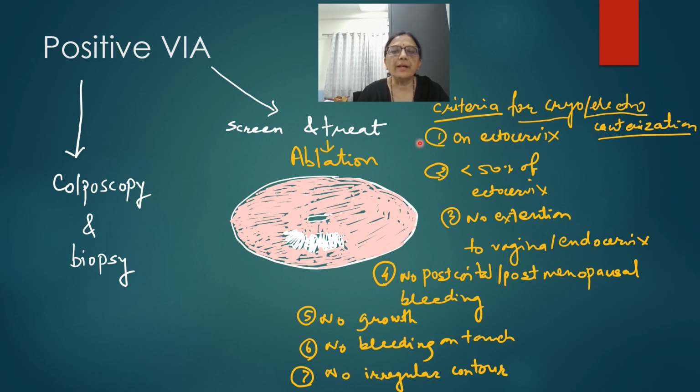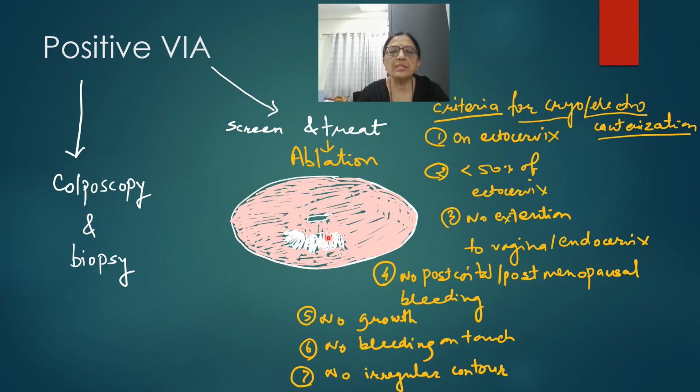Now there are certain criteria which are very important and help us select a patient for screen and treat. First, the acetowhite lesion should be completely on the ectocervix. It should be occupying less than 2/4 of the ectocervix, that means less than 50% of the ectocervix.